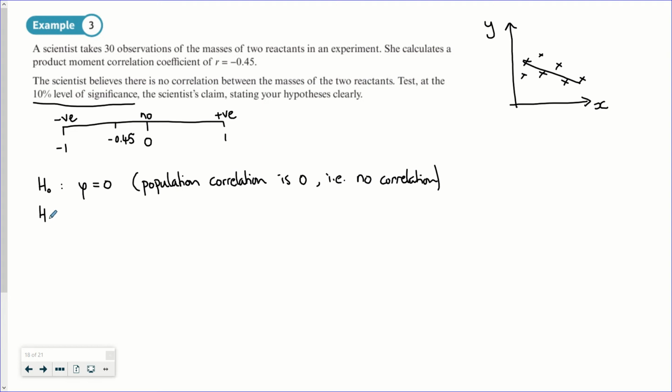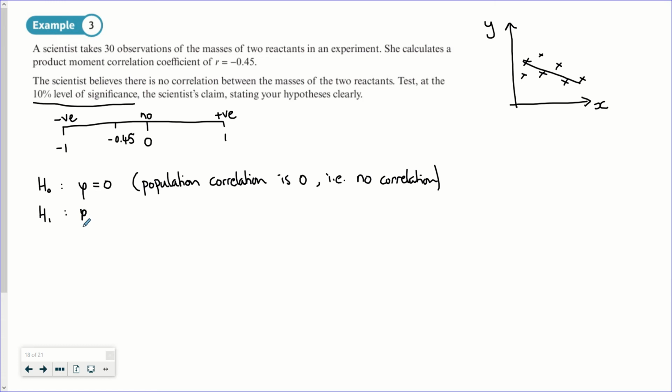And our alternative hypothesis will change based on the question. So in some questions it might say test the claim that there's a positive correlation, in which case we'd put rho is greater than 0, or it might say test the claim that there's a negative correlation, in which case our alternative hypothesis would be that rho is less than 0. In this example, we're not told that we suspect that there's a positive or negative correlation. All we're asked to do is test whether rho is 0 or rho is not 0.